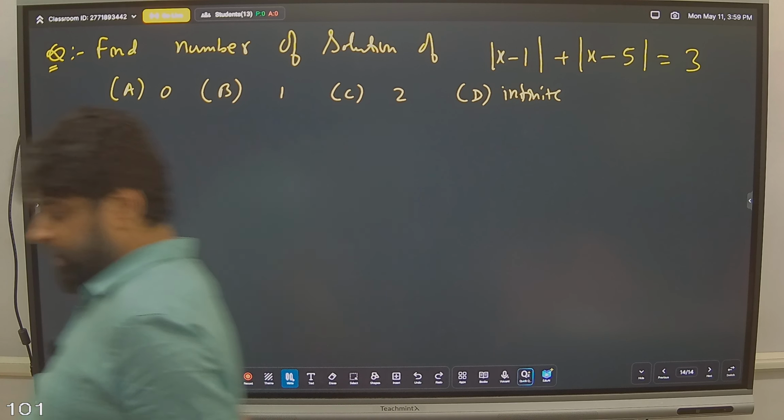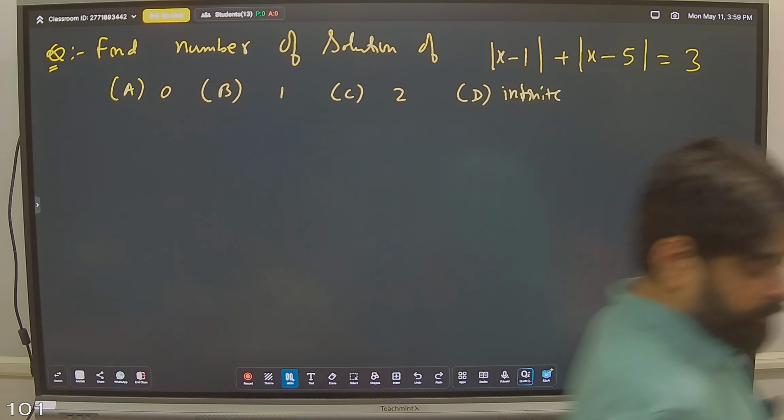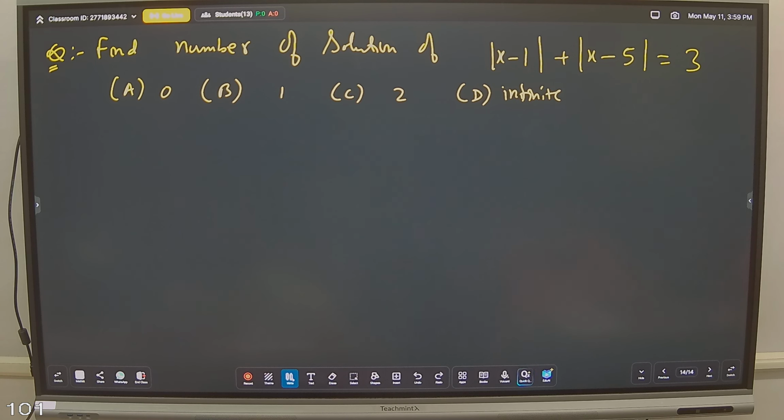Do the calculation properly. How minus 3 by minus 2? Okay, fine. Okay. Let everybody solve.